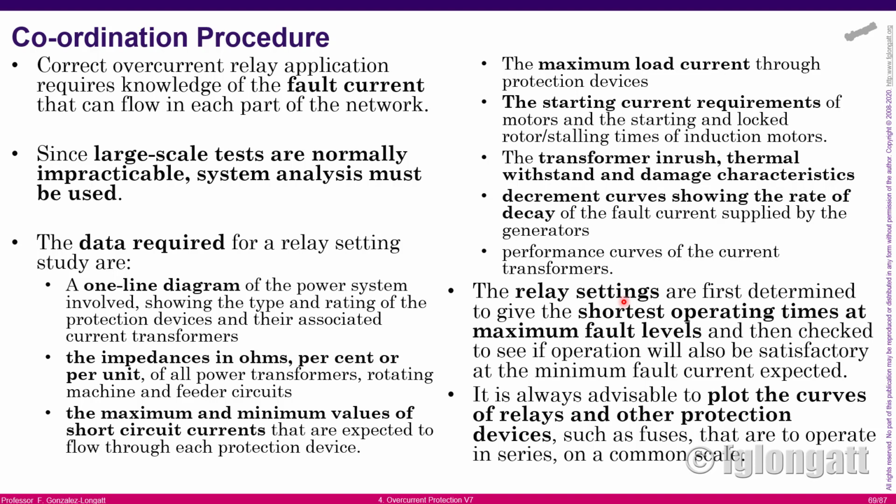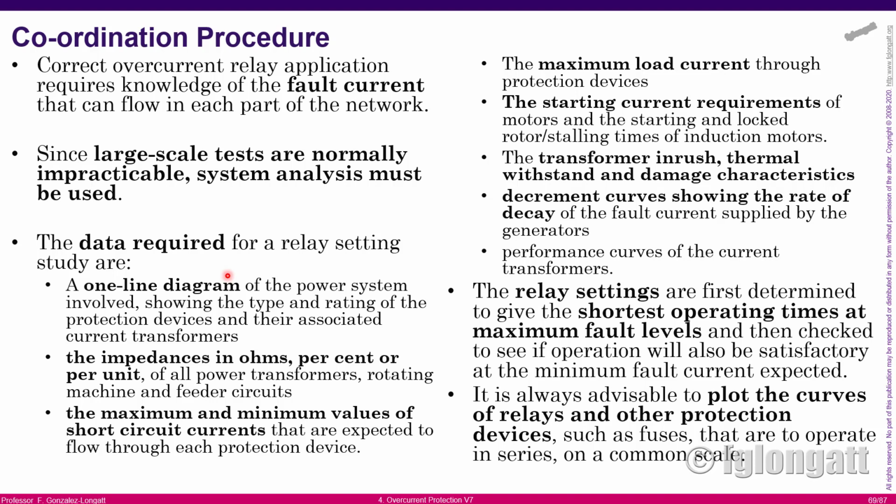Well, for the coordination procedure, first you need to collect data, especially if you are evaluating relay settings. You need single line diagrams of your system, including the impedances. It can be in real units of ohms, in percentage, or in per unit, but you need a full representation of your system. Then you need to know the maximum and minimum short circuit levels.